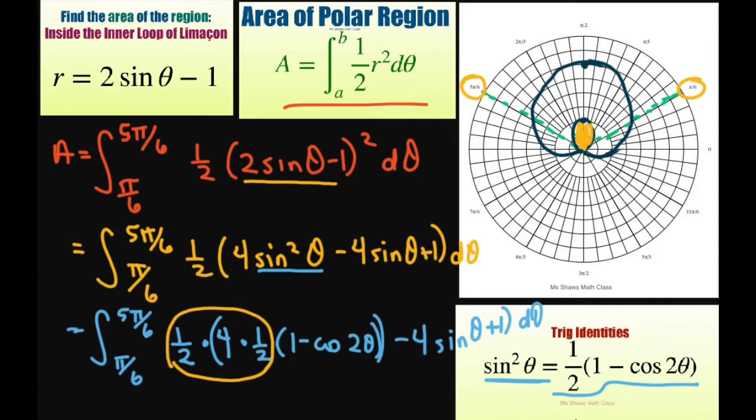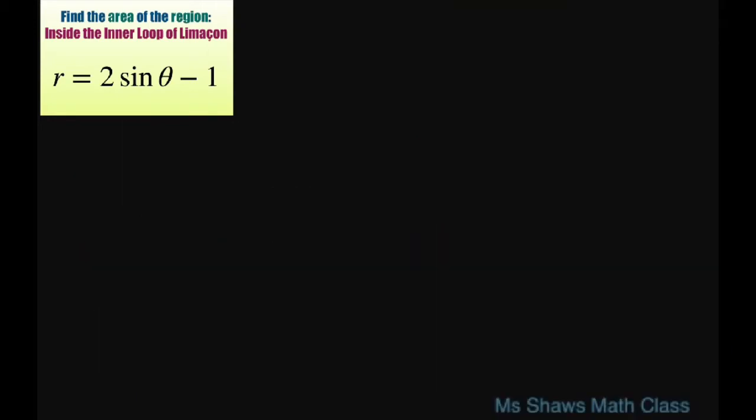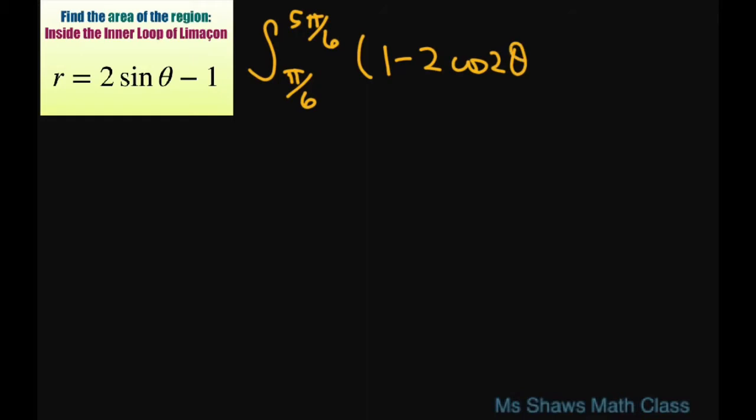So the next part is going to be your integral from pi divided by 6 to 5 pi divided by 6 of 1 minus 2 cosine of 2 theta minus 2 sine of theta plus 1/2, d theta.